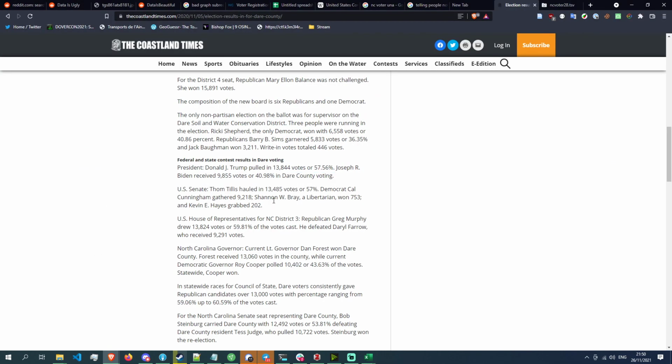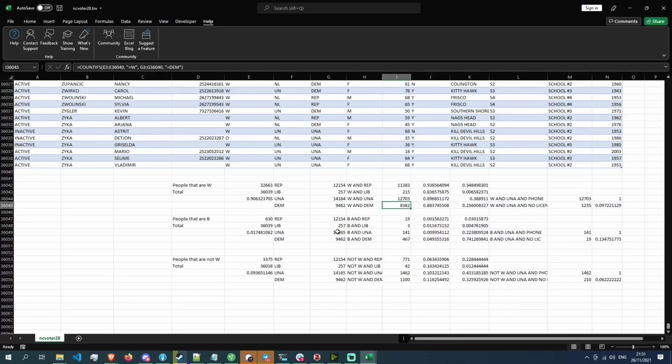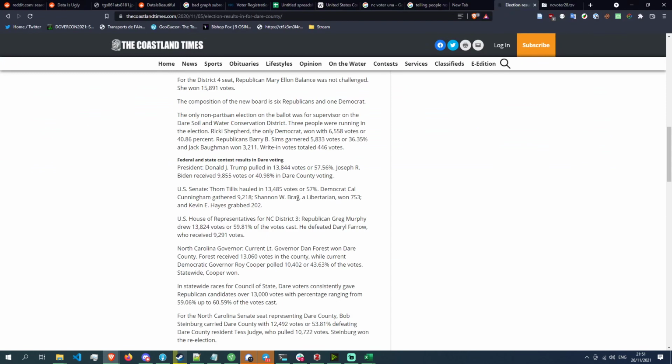U.S. Senate. Thom Tillis hauled in 13,000, or 57%. Democrat, 9,200. Yeah. And Libertarian, 700. So we have actually a lot of people that voted libertarian, more people than statistically usual.